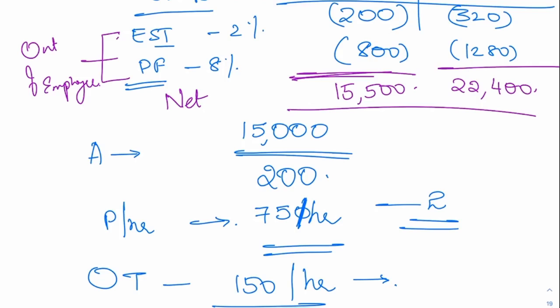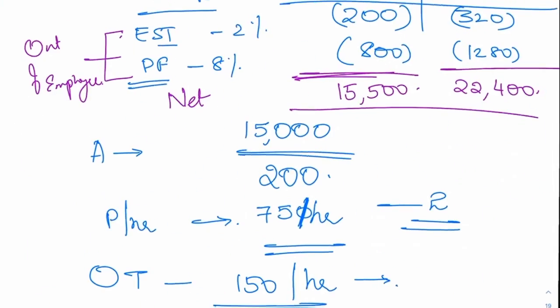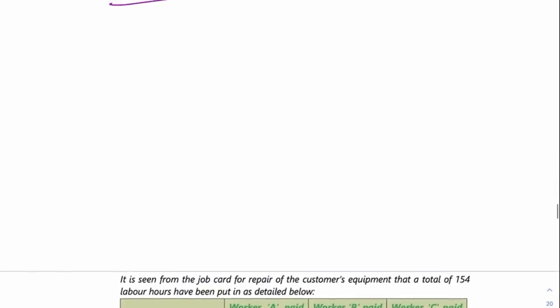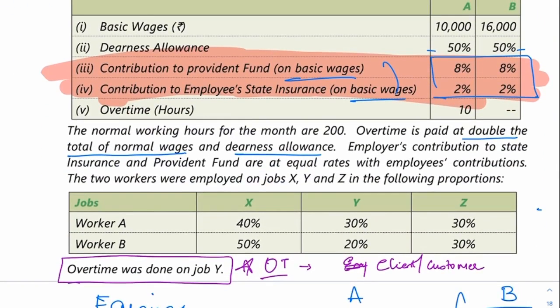Now, let us try allocating the cost to the job. Okay. Now, what are they telling with regards to the job? See here, they are saying A is devoting 40%, 30% and 30% to X, Y and Z. Correct?